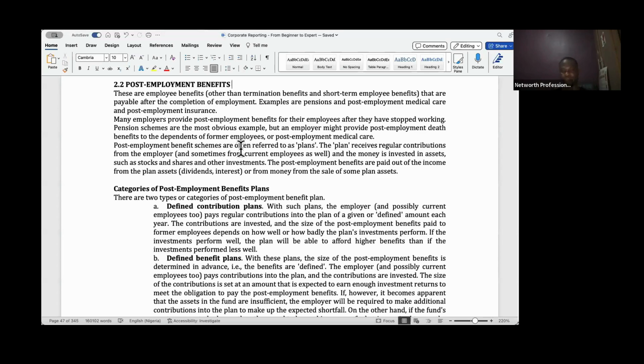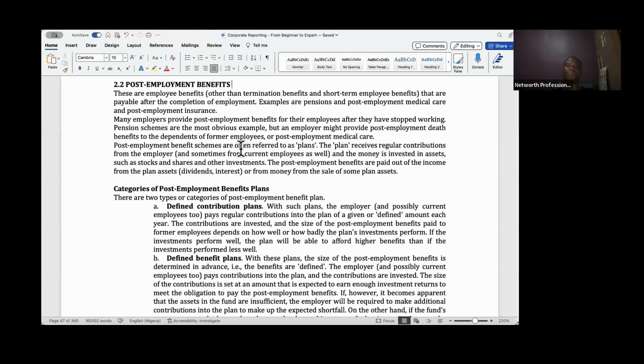But as far as IAS 19 is concerned, what we are accounting for is from the standpoint of the employer. Therefore, accounting for a defined contribution plan is relatively easy, because all the employer has to account for every month is just the contribution he is making, which simply means that at the end of every month, we're going to debit staff costs and credit bank with the amount of pension that is paid.